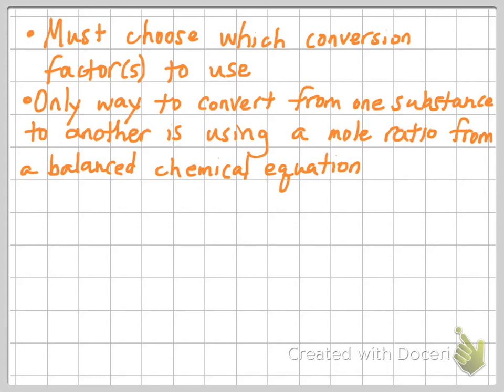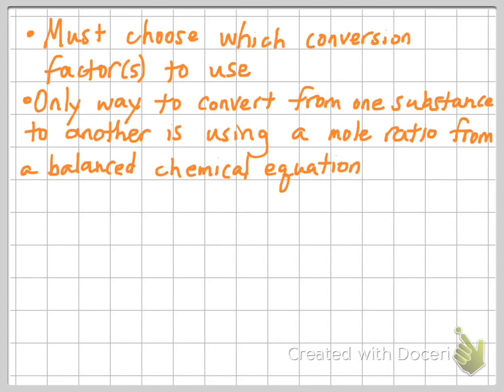In most of these stoichiometric problems, you are going to be asked to go from one substance to another. So typically, if you're doing a problem and you don't have a mole ratio in there, the likelihood is you've done it incorrectly. And remember, the requirement to get a mole ratio is that you have to have that balanced chemical equation.